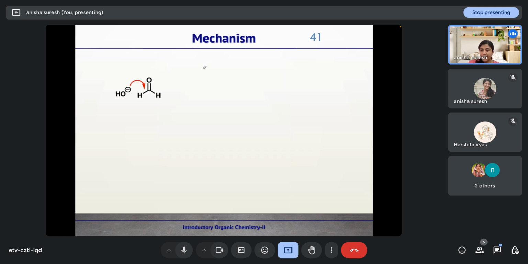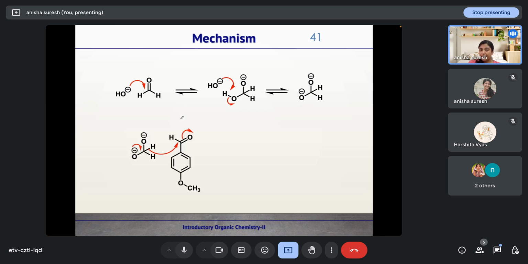So NaOH will attack the formaldehyde, leading to formation of this anion. Again, one molecule of base can abstract the proton, leading to formation of this dianion. Now what will happen?